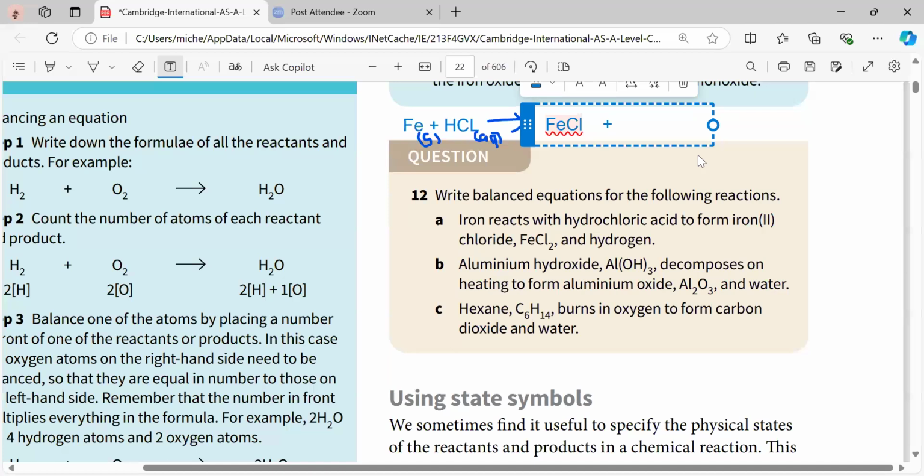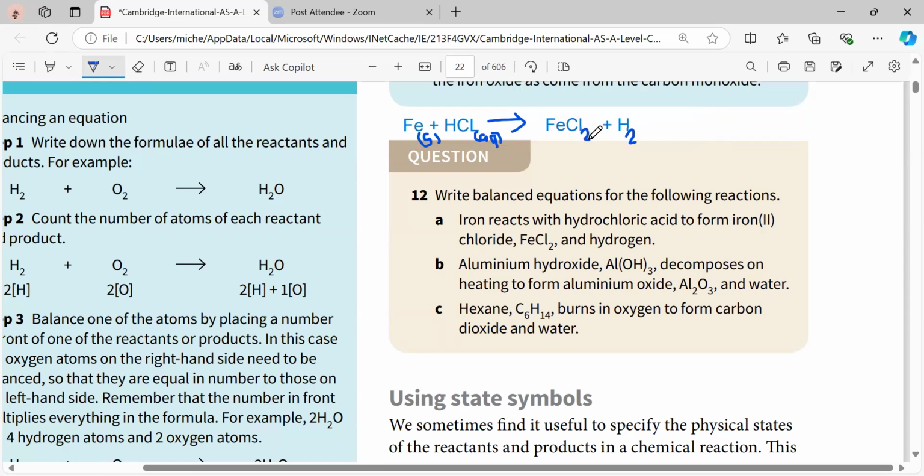And now we have hydrogen. Hydrogen, usually when it's a compound like this, has two hydrogen atoms, so we can write two right here.